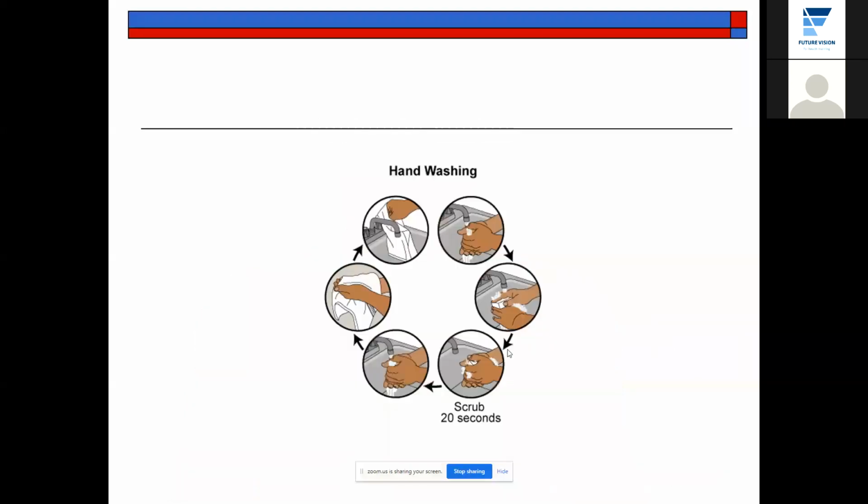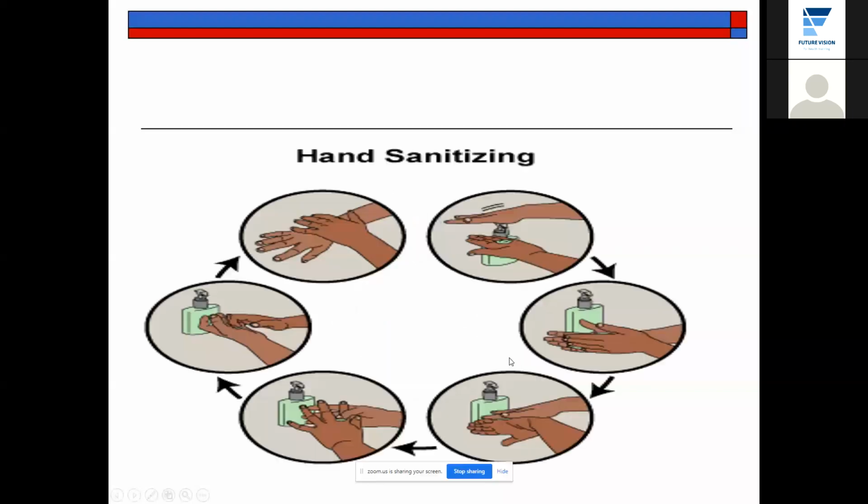أهم شيء in order to prevent الكلابسي is to do the hand washing، اللي هي in 20 seconds hand washing with the proper chain of hand washing, hand sanitizing.